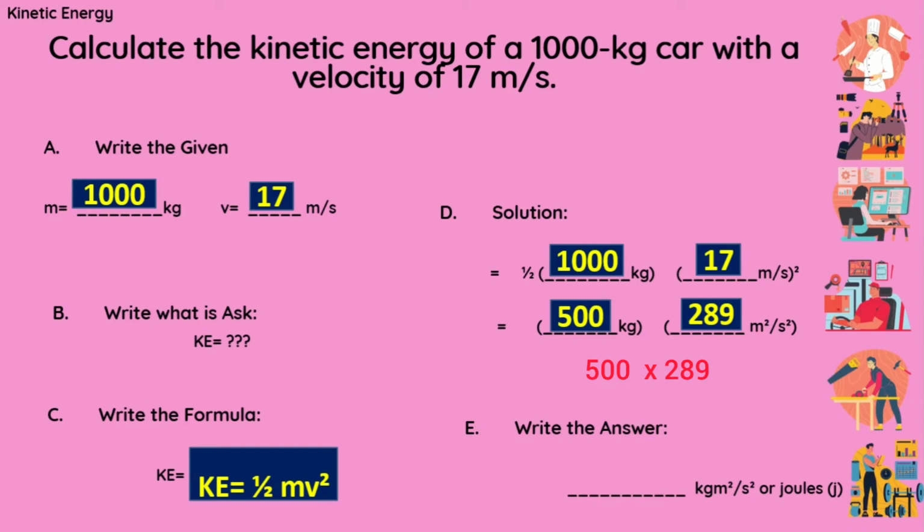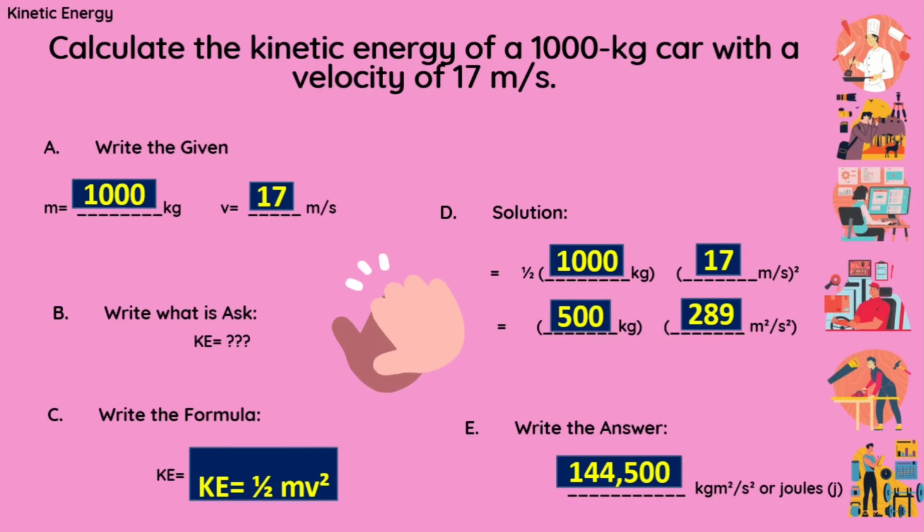Alright. Kayang-kaya. Alright, what is your answer? If your answer is 144,500 kilogram meter squared per second squared or joules, then very good. So, huwag nyo lang kakalimutan yung unit.